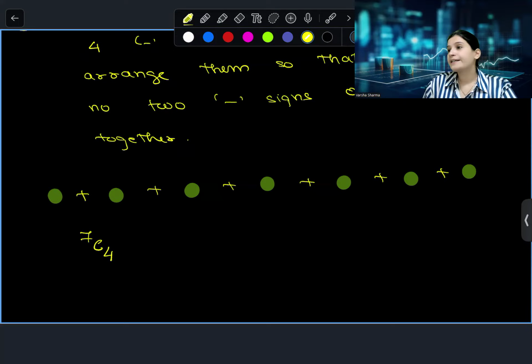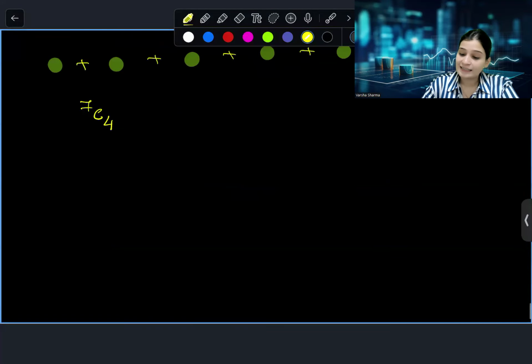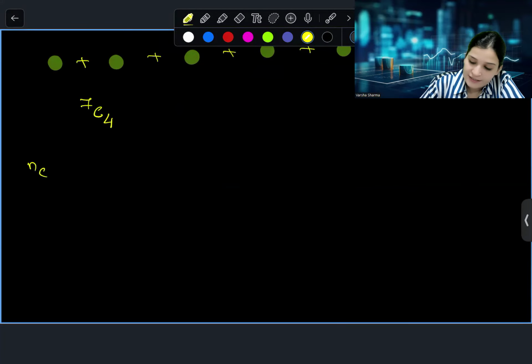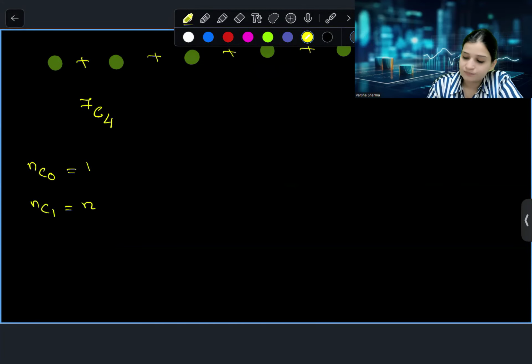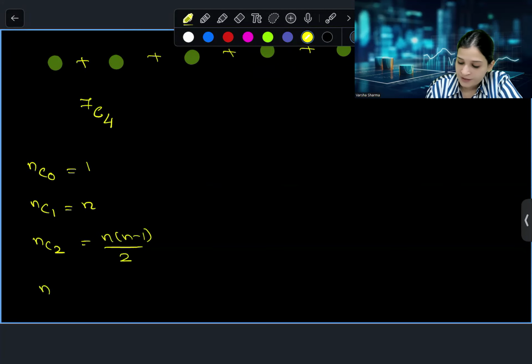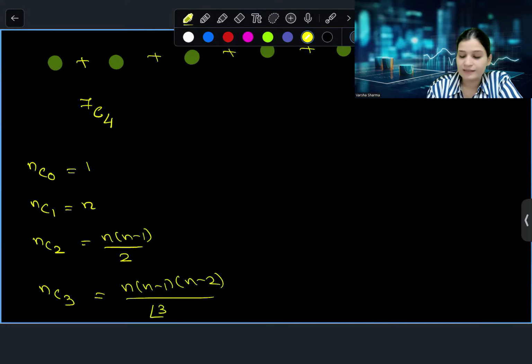Yes, ma'am. Calculate this. All of them are identical. How do we calculate? There were tricks. NC0 is 1. NC1, only one number. NC2, 2 numbers multiplied divided by factorial 2. NC3, multiply 3 numbers divided by factorial 3, which is 6.